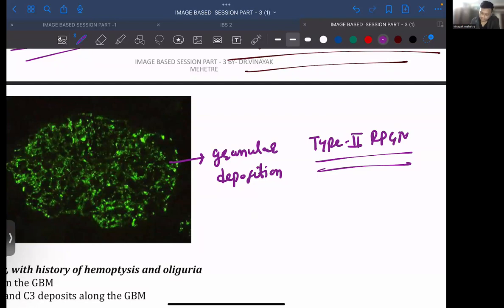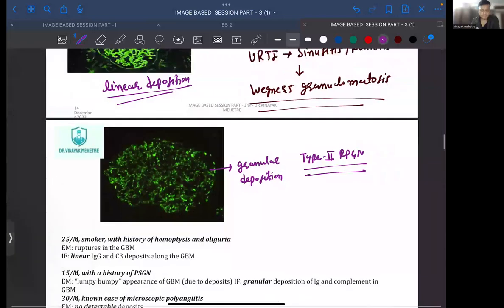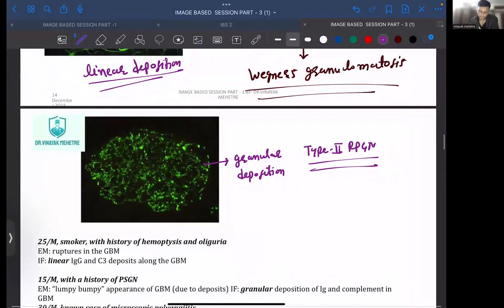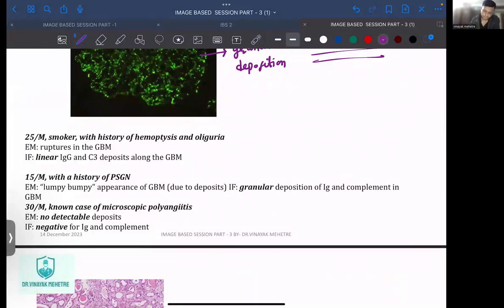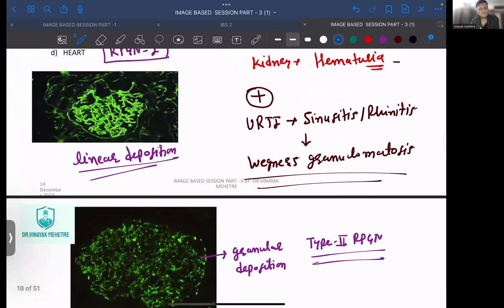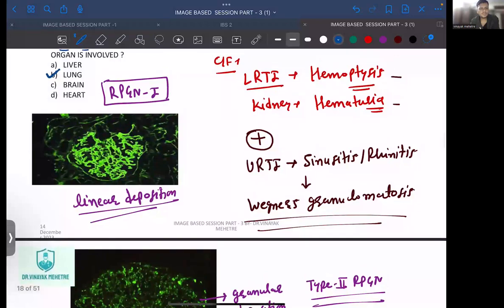Okay, how do the three questions come? Take a look. First question: linear IgG or C3 deposition, right? We just saw this one is going to be seen in type 1 RPGN.